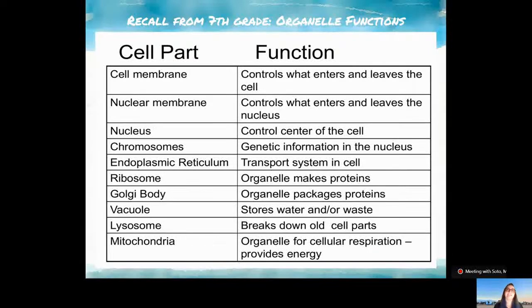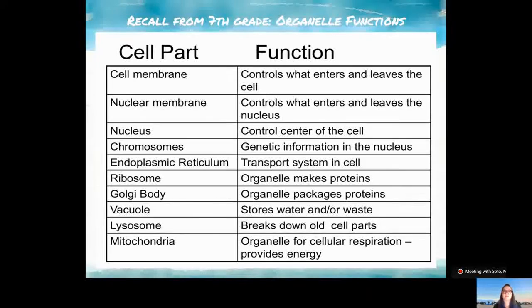Okay. The vacuole is basically like a little bag that stores water, waste, food. So anything that the cell needs or needs to place somewhere. The lysosomes are what's used to break down old parts in the cell that are no longer needed.